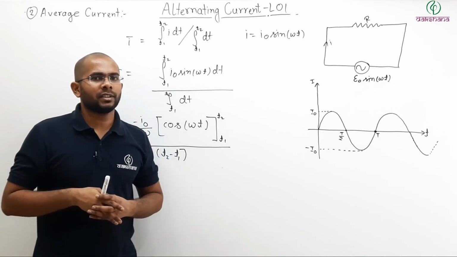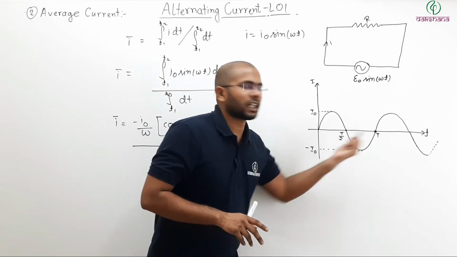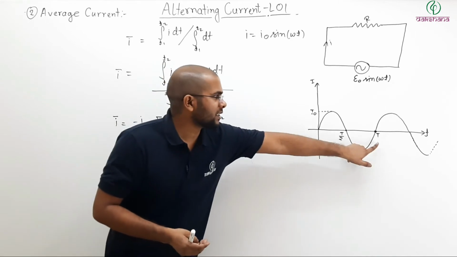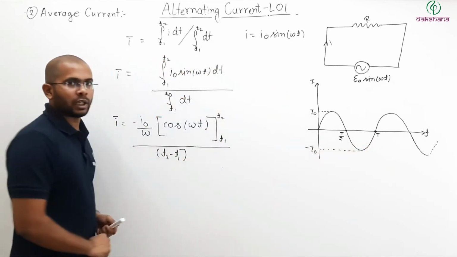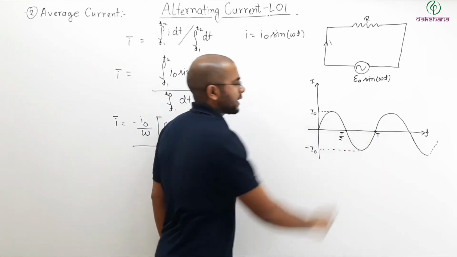What is one time period? One time period is nothing but from 0 to capital T. And what is capital T in case of sinusoidal AC? Capital T is nothing but 2 pi by omega. So let us consider T1 to be 0 and T2 to be capital T, that is one time period.